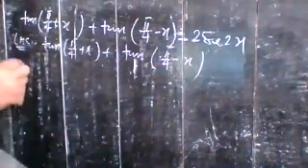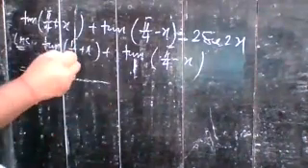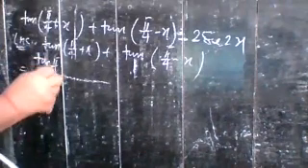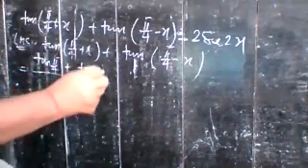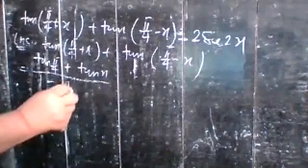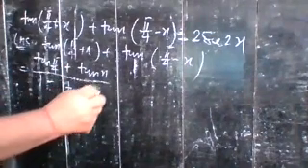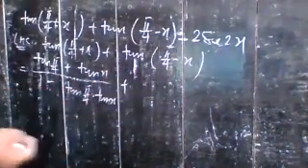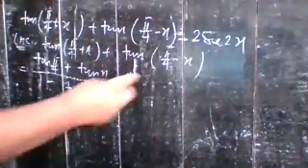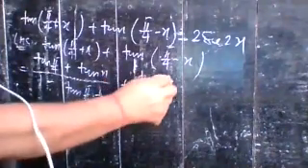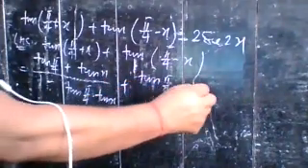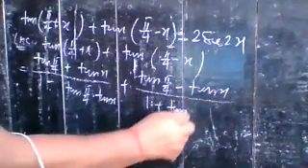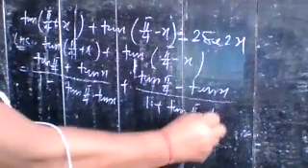Now applying the identity of tan x plus tan y, you can write tan pi by 4 plus tan x upon 1 minus tan pi by 4 into tan x, plus here you apply the identity of tan x minus tan y, so write tan pi by 4 minus tan x divided by 1 plus tan pi by 4 into tan x.